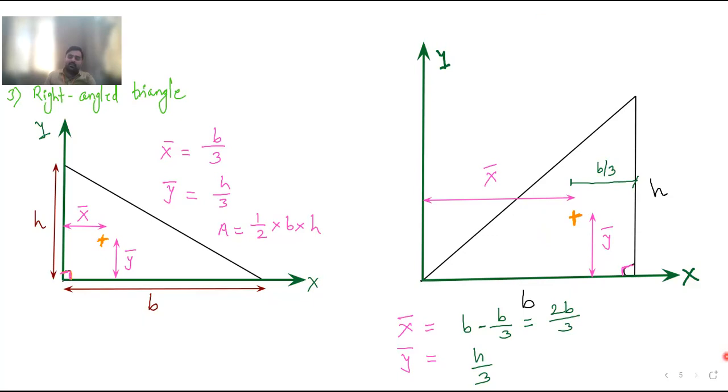After this, next is the isosceles triangle or equilateral triangle. For both the triangles, same formula. Isosceles or equilateral triangle.